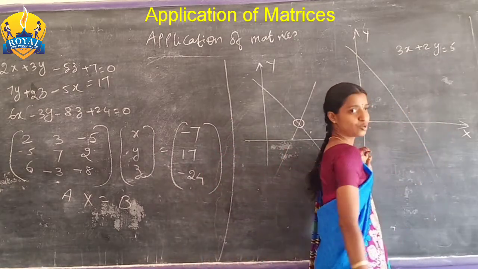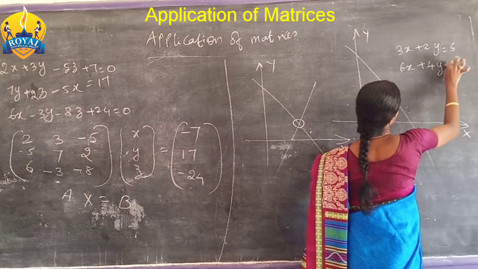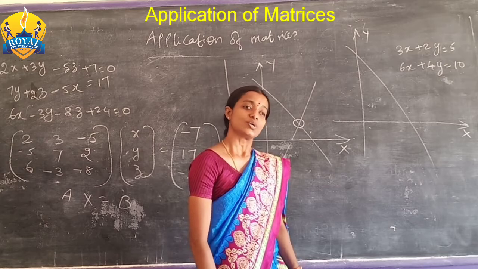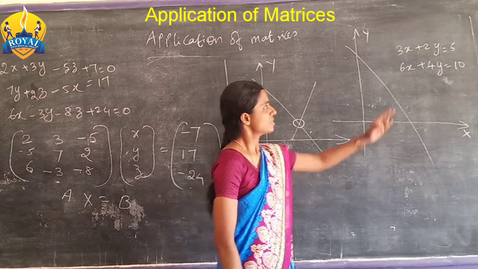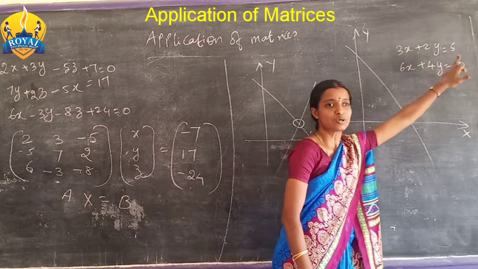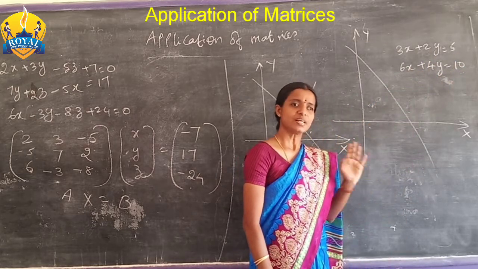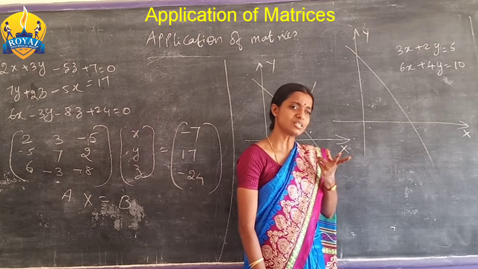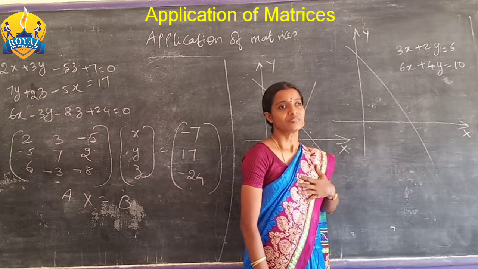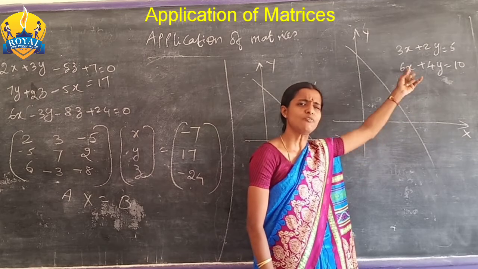So, 3x plus 2y equal to 5. Now, 6x plus 4y equal to 10. Definitely you can see some connection between these two equations. Is my second equation some multiple of the first equation?